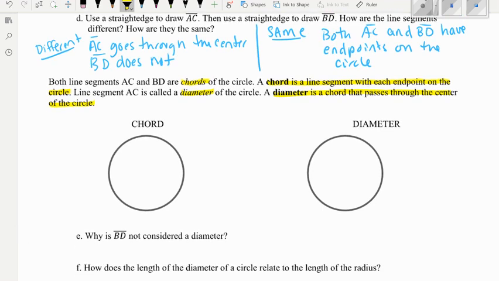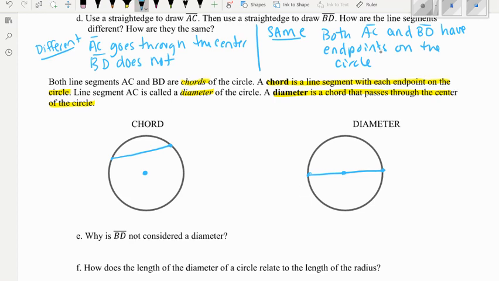So if the center of my circle is, say, right there, then a picture of a chord could look like this. So basically anywhere. And if we have a diameter that's also a chord, it would go through the center. So for this one, it's asking why is BD not considered a diameter?